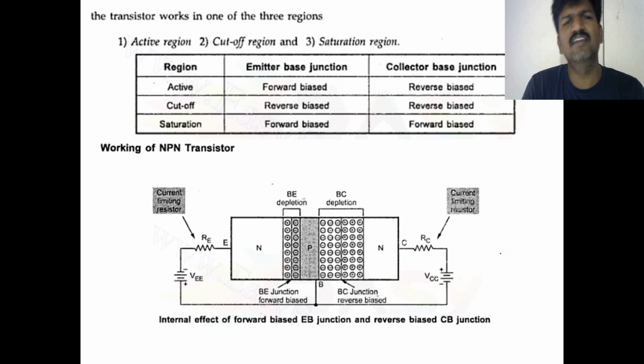If you want the transistor to work in the cutoff region, you apply the proper polarities so that no junction conducts, that is, all junctions are reverse biased: the base to emitter junction is reverse biased and the base to collector junction is reverse biased. Saturation means both junctions need to be on.